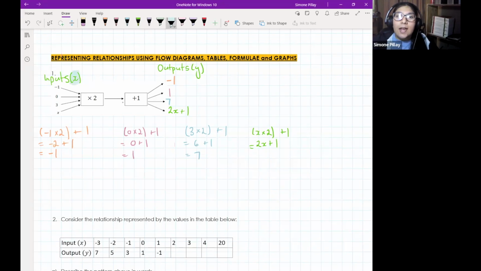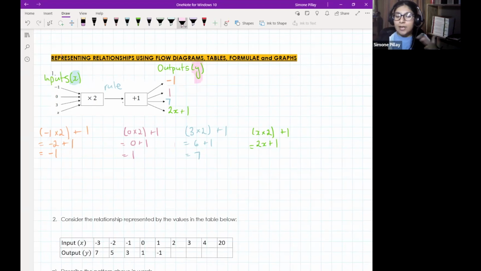Then we take our input, apply a rule to it, and that gives us our output. And instead of saying output the whole time, we like to just call our output y. So that's a little bit of a recap on relationships.